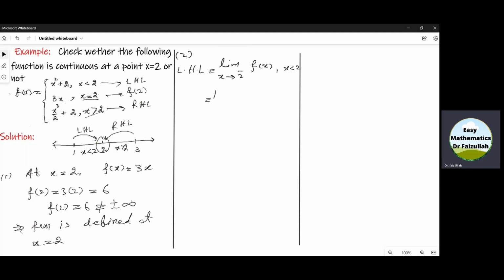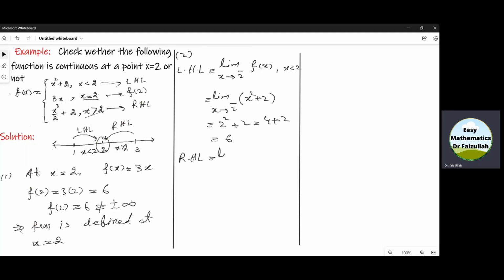So that is why we write limit x approaches to 2 negative and the value of the function f of x for which x is less than 2 is x square plus 2. Now we substitute x is equal to 2, and after simplification we get 4 plus 2, which is equal to 6.